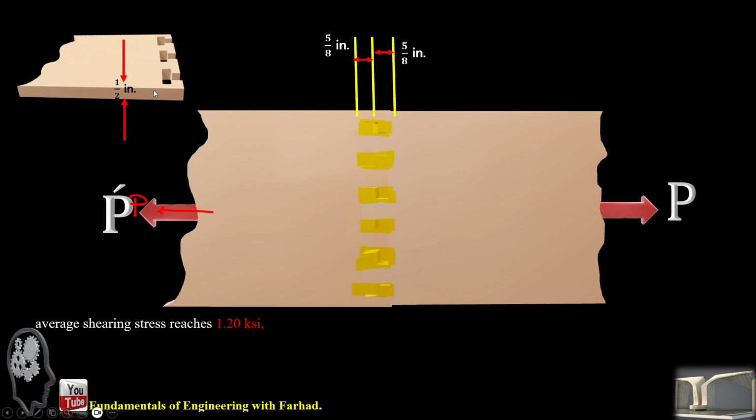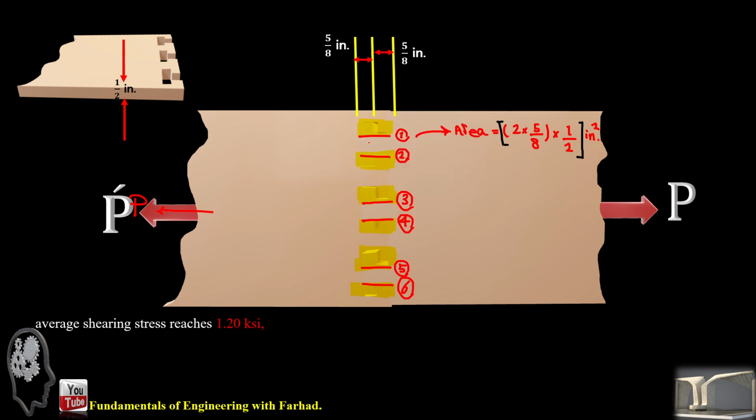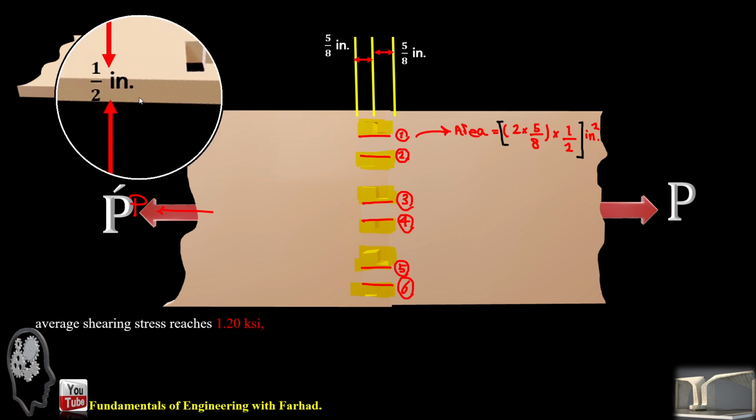So these are our areas. If you take a closer look, the area of each of these parts is 5 over 8, 5 over 8, two of them, 2 times 5 over 8 times the thickness of the plate, which is half an inch.